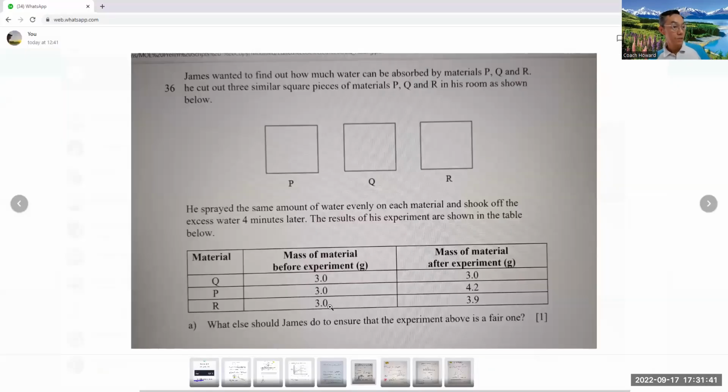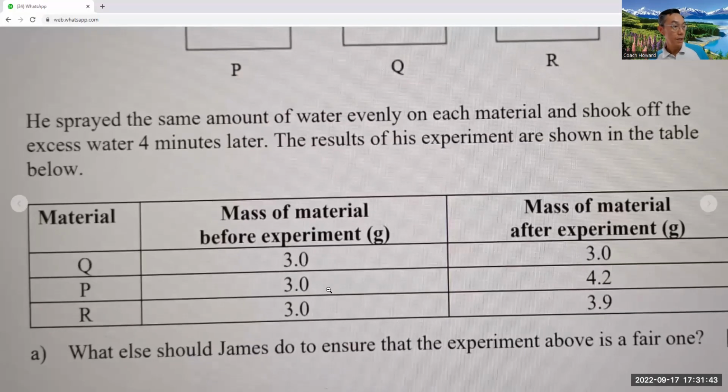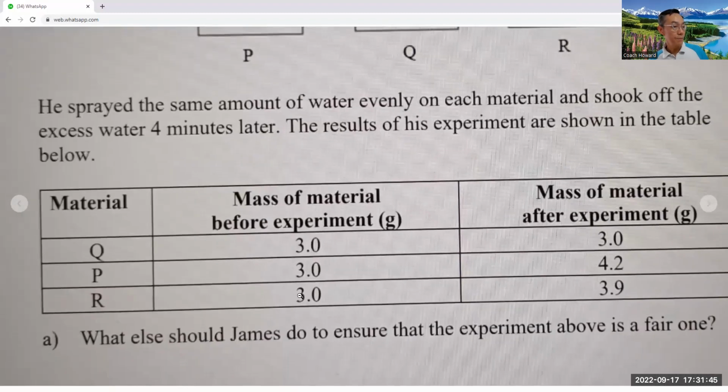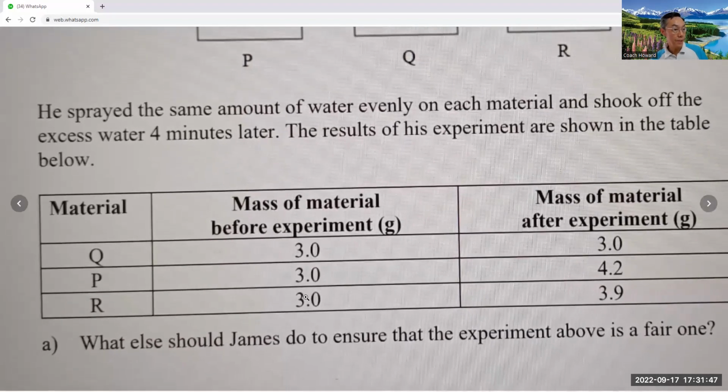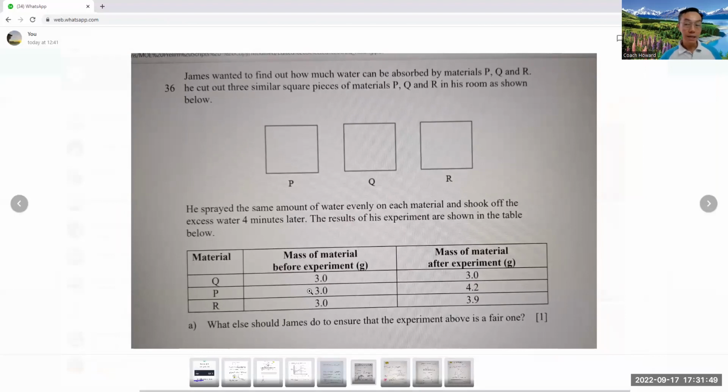Okay, so you can see here P, Q, R at the beginning is 3 grams each, and then after they absorb water for 4 minutes, okay, I changed it to 4 minutes instead of 5. Maybe you can change it to 4 minutes as well.